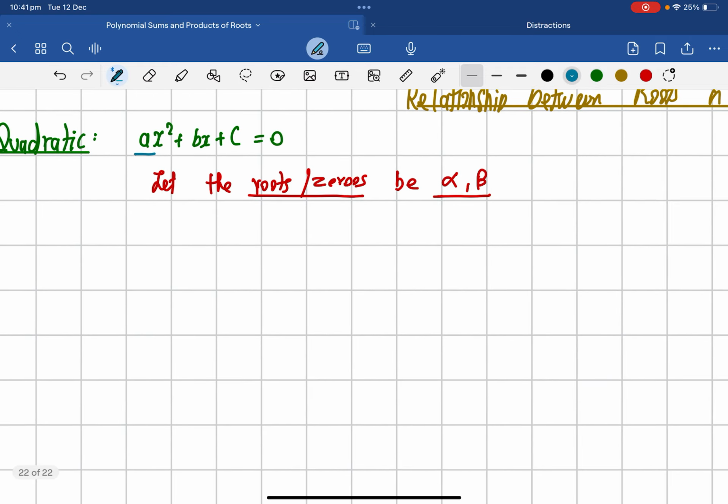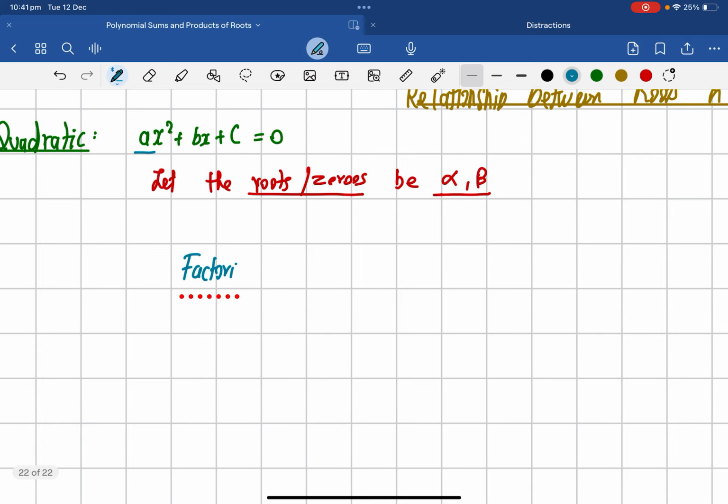Okay. Now, you can factorize this to find the root. Now, how can you factorize it? Well, there are many methods. One method of finding the roots is through factorization. Your second method is through using the formula.